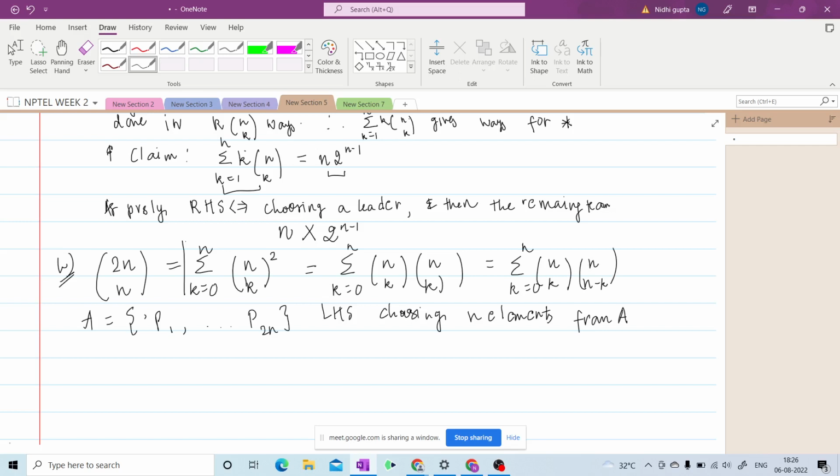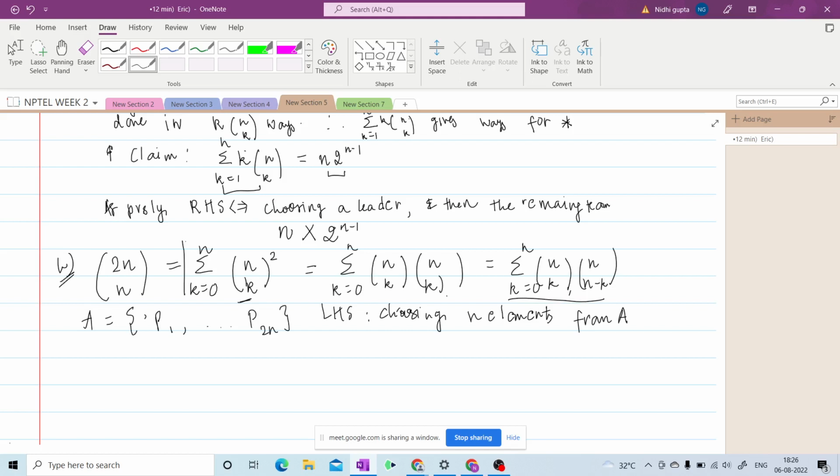It is clear why n choose k is equal to n choose n minus k: n choose k is choosing k people, and if you choose k people, you are leaving out n minus k people. Now if I write my RHS as this, can you think of a way of solving this problem, that is choosing n elements from A such that your answer comes out to be this?